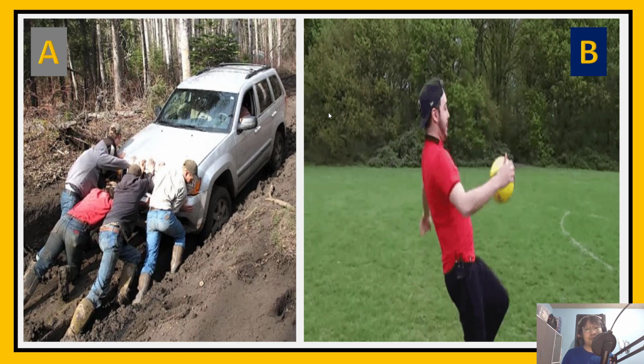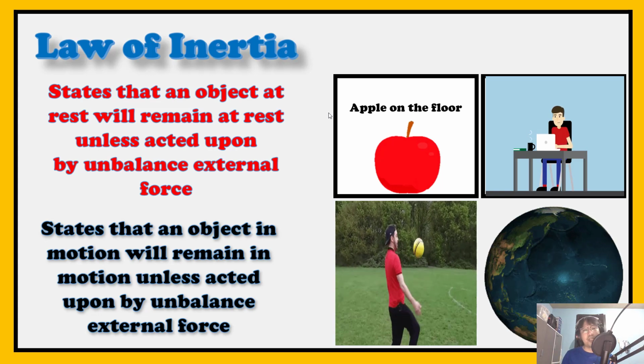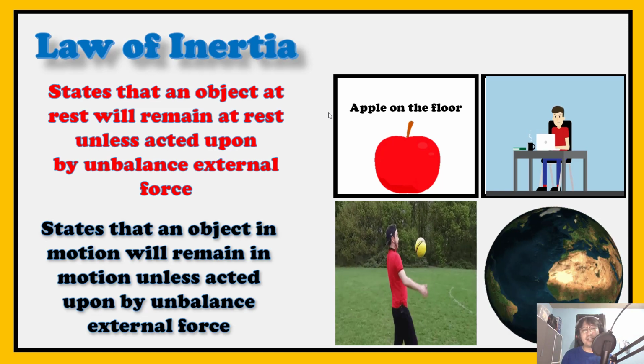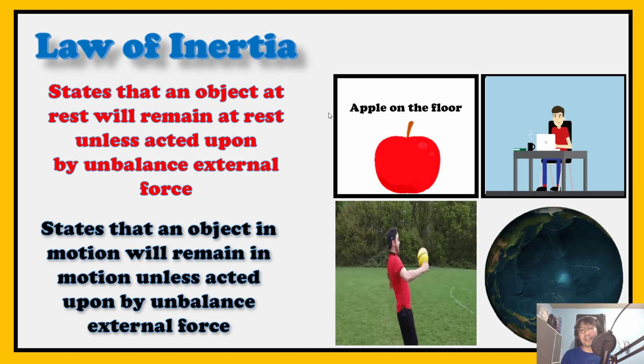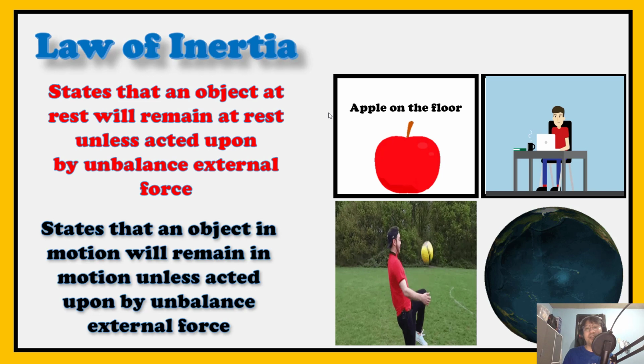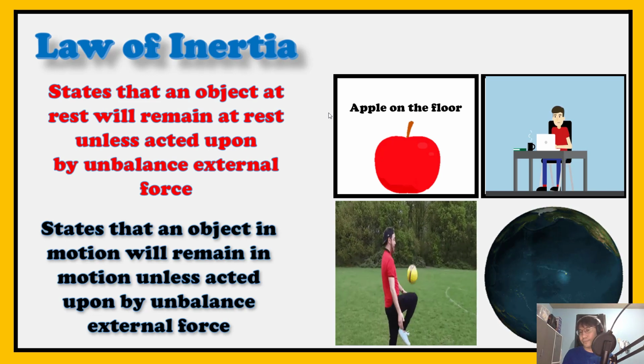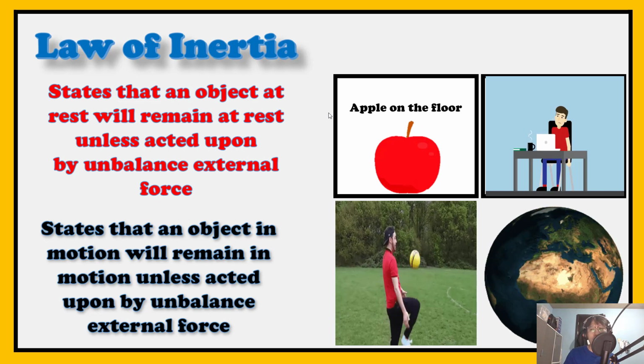Okay, next. Law of inertia states that an object at rest will remain at rest unless acted upon by an unbalanced external force. Examples for this are an apple on the floor or things on top of the table.